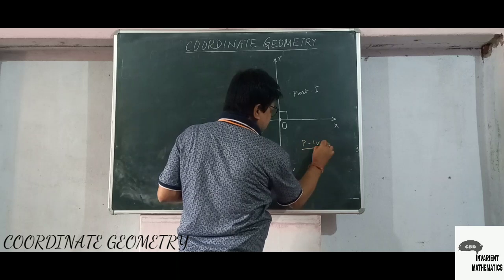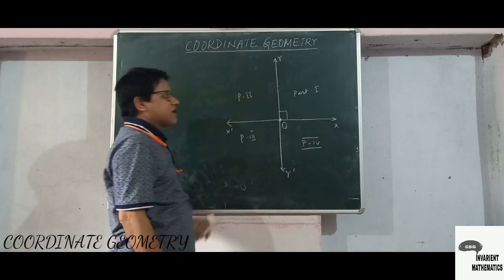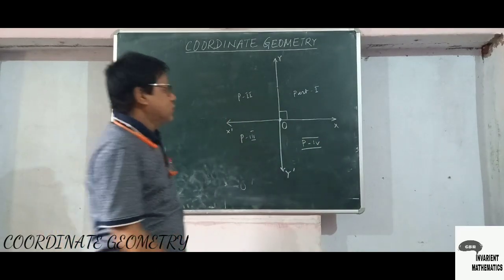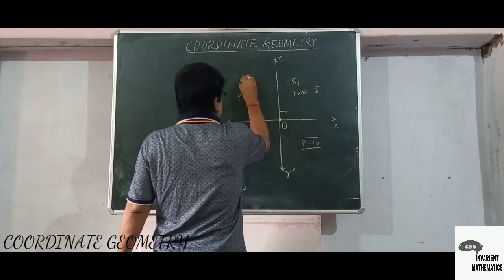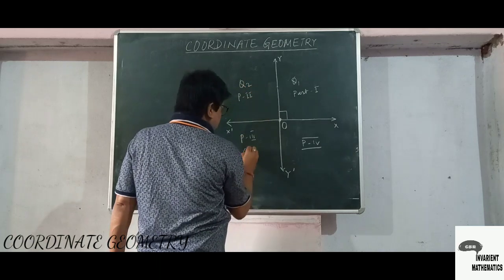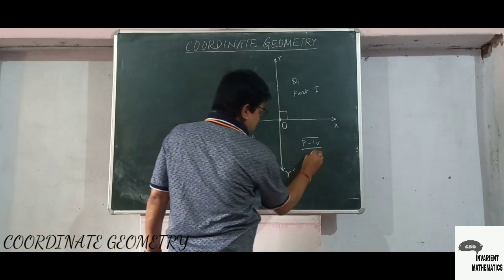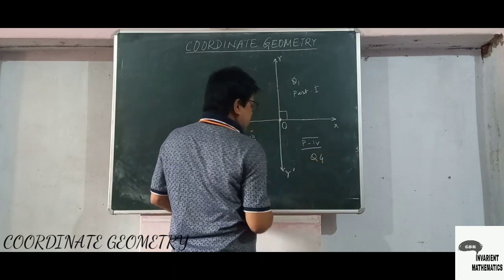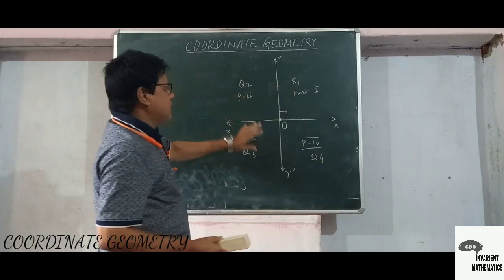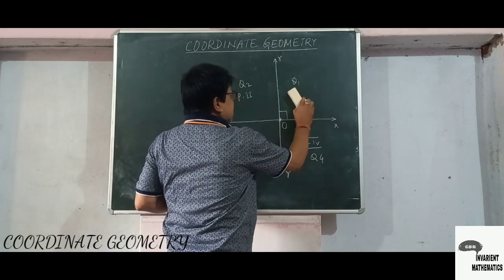These four parts are called the four quadrants, denoted by Q1, Q2, Q3 and Q4. So the four parts are known as four quadrants.